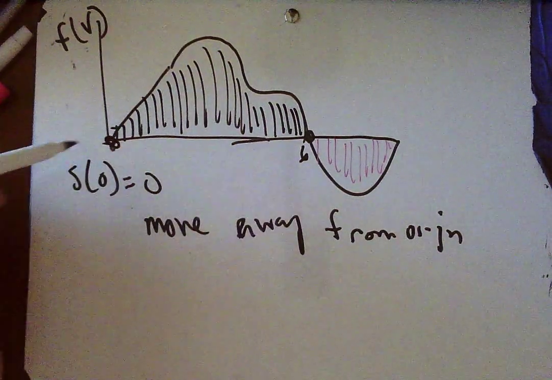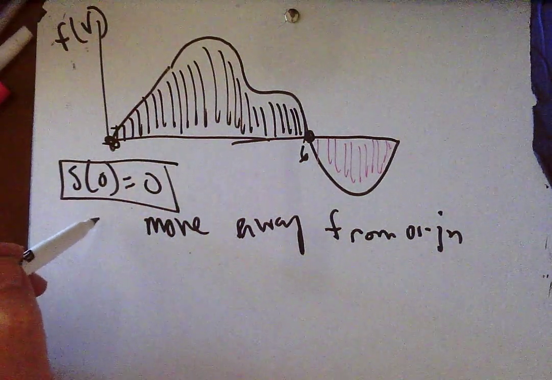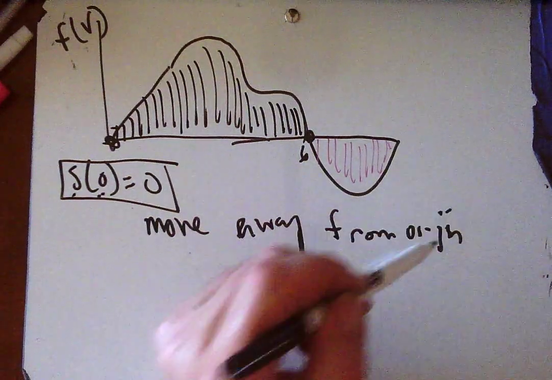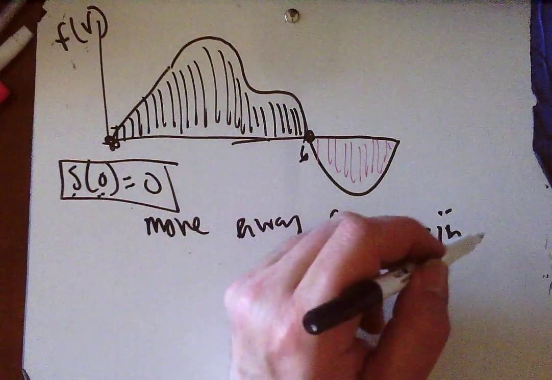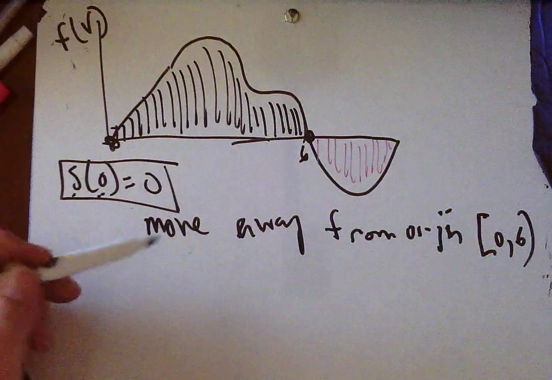And the origin isn't this place here. The origin is this place here on the position graph at t equals 0. Okay, so I'm moving away from the origin from 0 to 6.